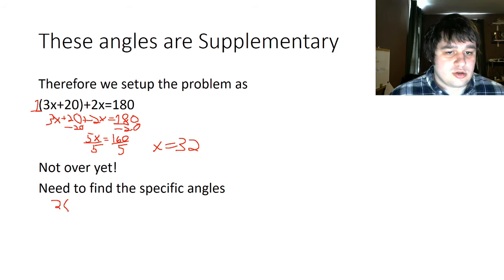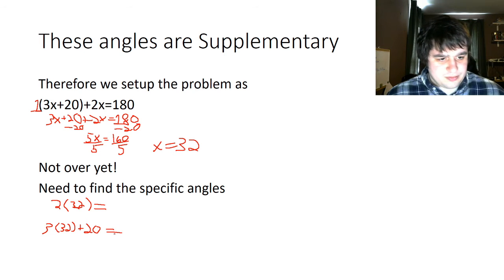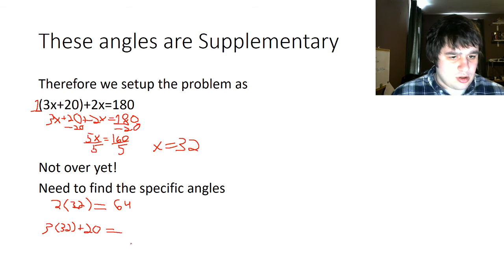So 2 times 32, because it's 2x, is 64. And the other angle is 3 times 32 plus 20, which equals 116.